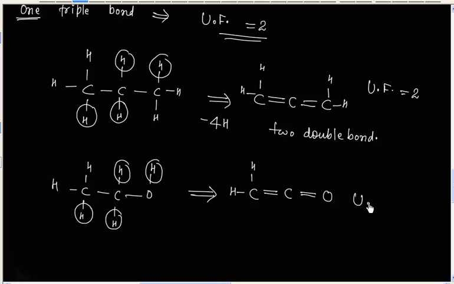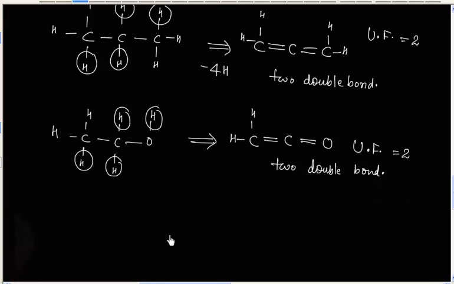This also has unsaturation factor 2 because it has 2 double bonds. So for unsaturation factor 2, we have two possibilities so far: one is a triple bond, or it can have 2 double bonds. We have one more possibility.